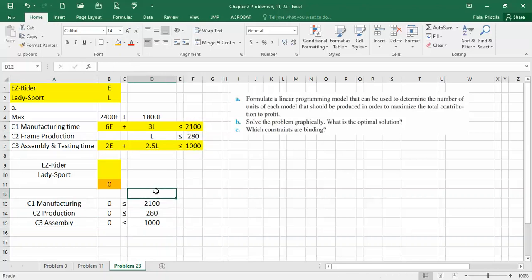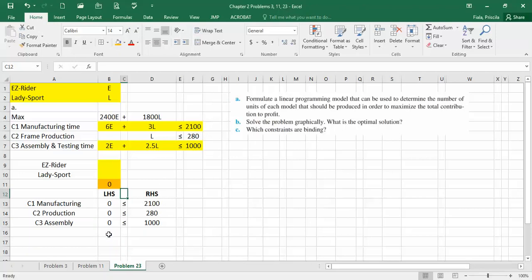Therefore, here's your right hand side, which I have mentioned before, and here's your left hand side. However, the left hand side means the whole equation of the left hand side. So let's make it like this. And here's your equality sign. So right here, these values are set. You cannot change this.